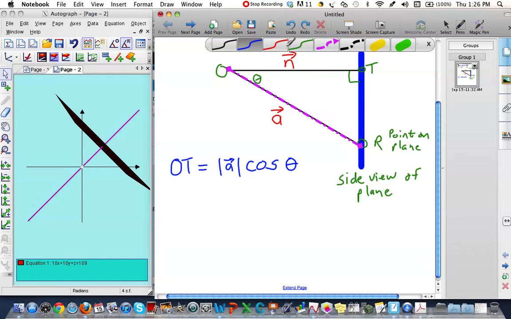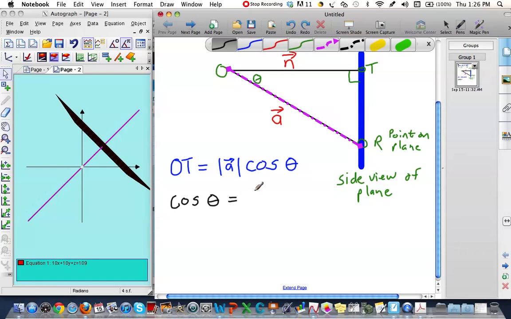The next thing we're going to do is relate this to the angle formula in vectors, and that formula of course is cos theta is equal to the dot product of the two vectors.